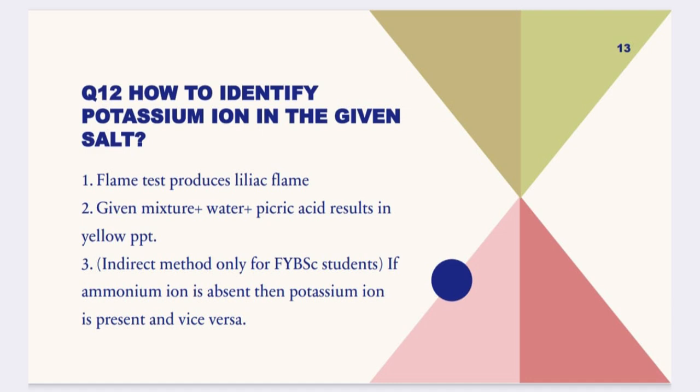As I said earlier, in the given mixture, either ammonium ion or K+ will be present. Both the cations will not be present together. So it means if the ammonium ion is absent, then the potassium ion is present, and vice versa. Vice versa means if the potassium ion is absent, then ammonium ion is present.